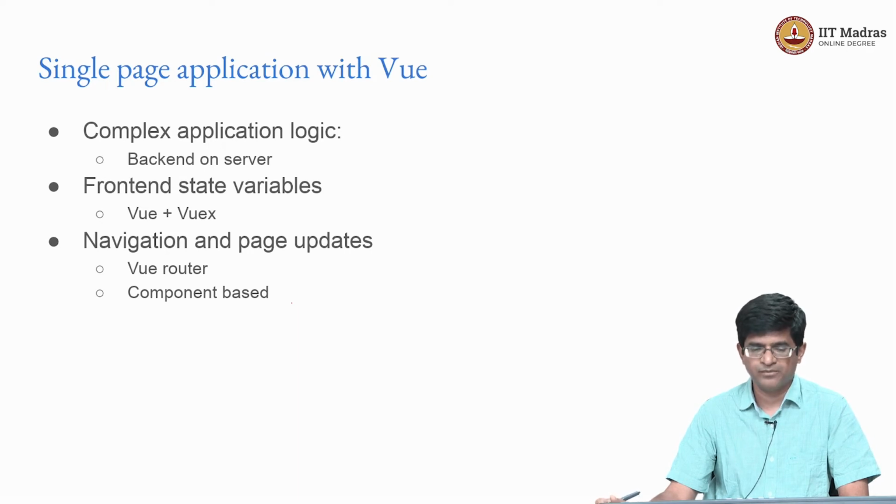The front end state variables would be a combination of Vue and possibly Vuex, assuming that you have sufficiently complicated state that you want to use a state management library. And the Vue router would then take care of the navigation and page updates, which would now be completely component based rather than individual HTML pages.